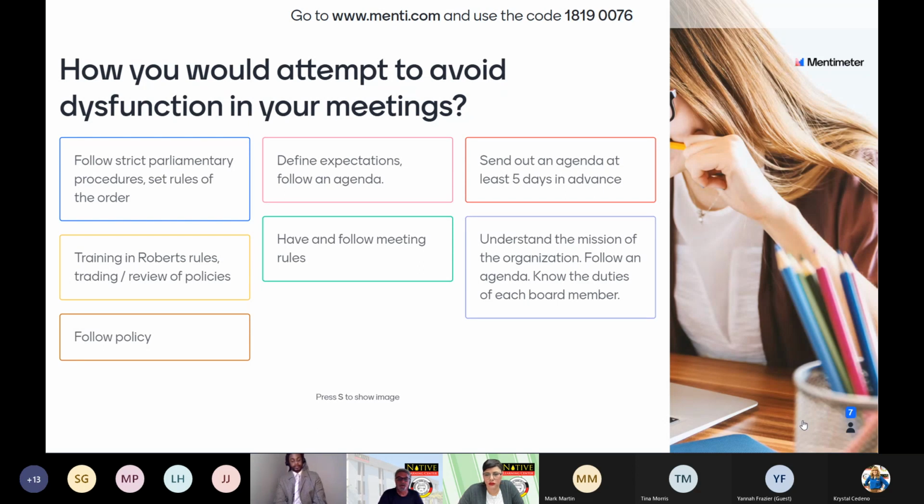Yes, and then the second to the last one I have so far. Understand the mission of the organization. Those are beautiful words, yes. Follow an agenda, correct. Follow the duties of each, that's it. Understand and know the duties of each board member. Absolutely correct.